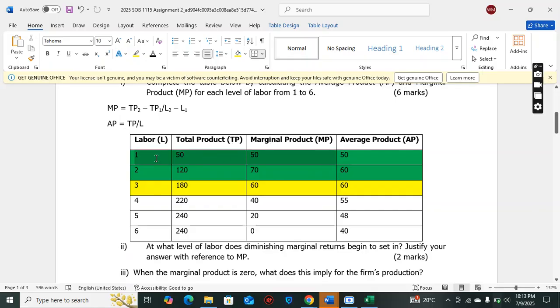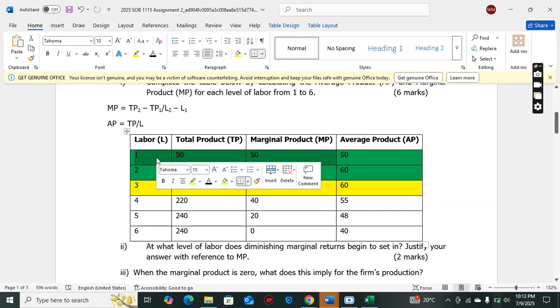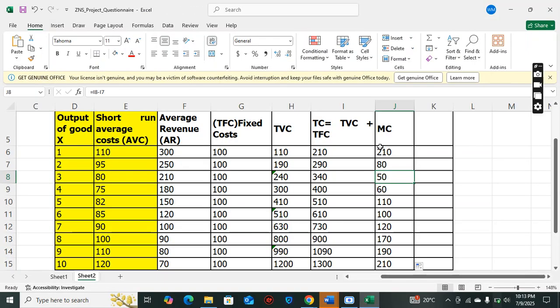We started with 50 for the first unit of labor. So even here, I'm doing the same thing for the first output. I'm putting marginal cost of 210. Is that okay, Madam Geraldine?